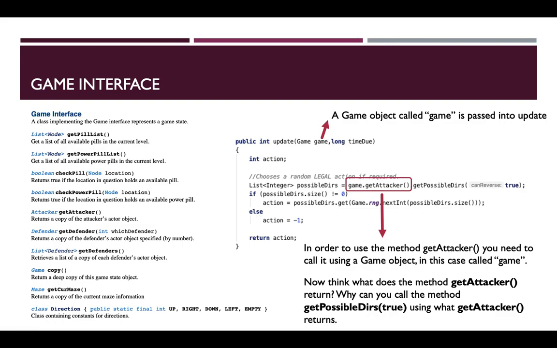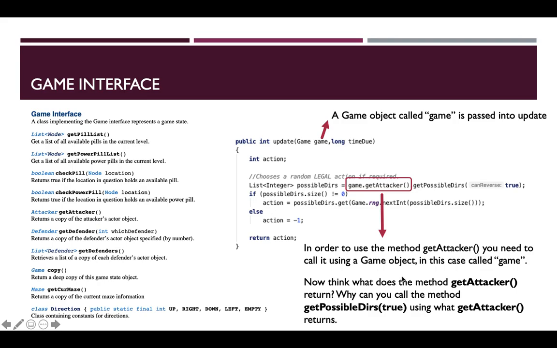So in this code, you have game, which is your game object, .getAttacker, which is a method that is in your game interface. It makes sense that you're calling getAttacker with a game object since it's in the game interface. So in order to use the method getAttacker, you need to call it using a game object, in this case called game.